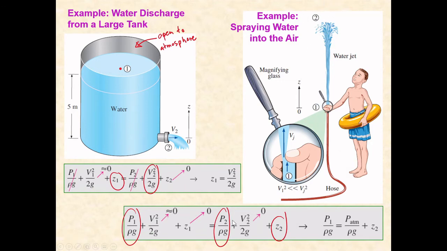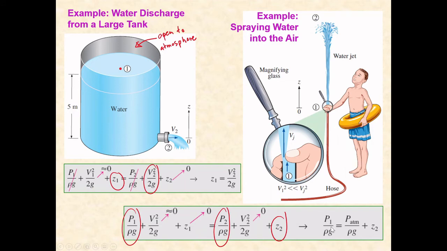If we ignore atmospheric pressure, then P2 will be 0, and P1 is only gauge pressure. But if we include the atmospheric pressure, then P2 will be atmospheric pressure, and P1 will be gauge pressure plus atmospheric pressure.